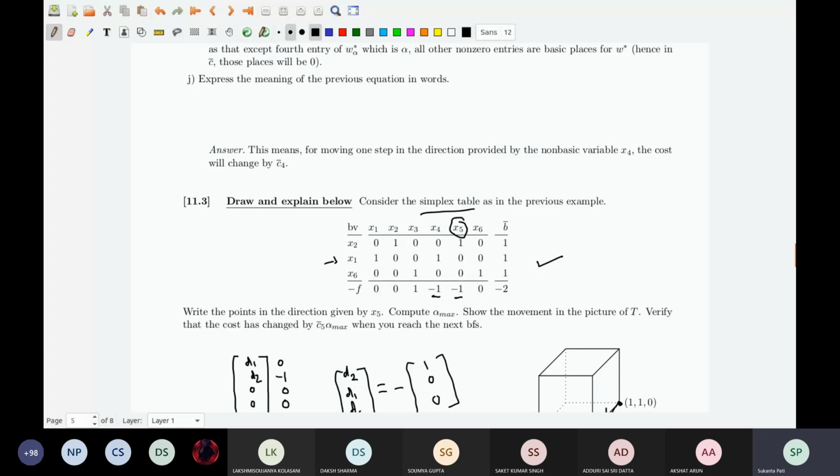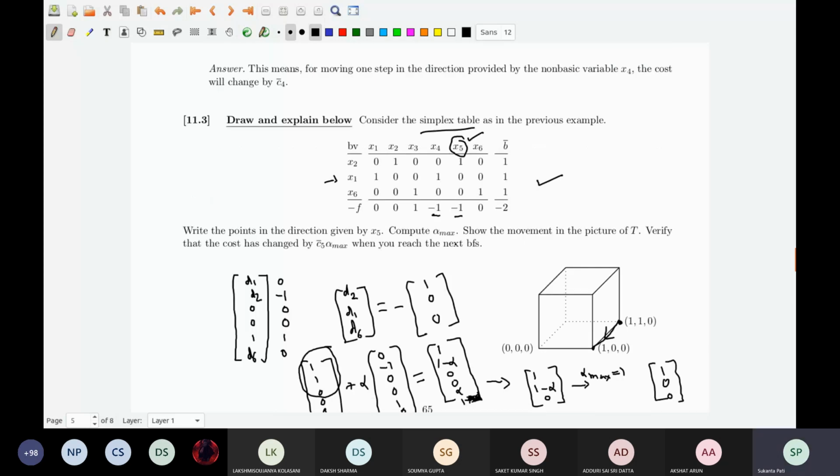Forget minimizing, maximizing right now. If you are looking at a non-basic variable, for example x5, using this x5 I can create a direction, which I just created. And along this direction, I can move inside the feasible set to reach another vertex.